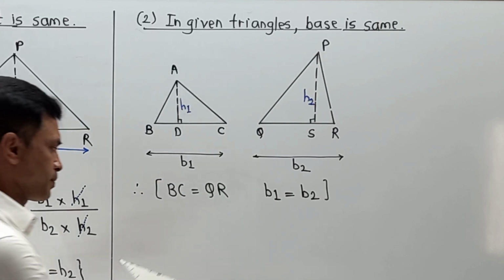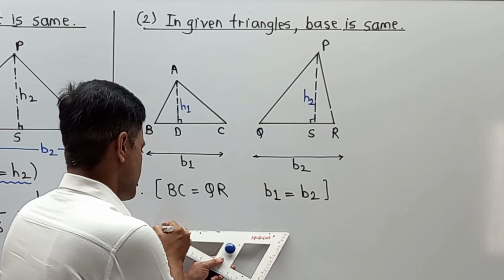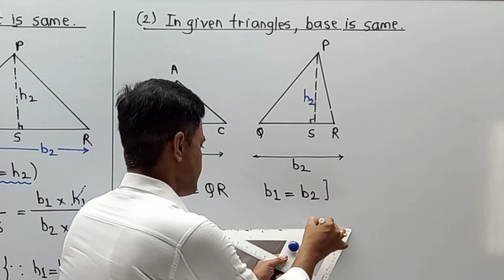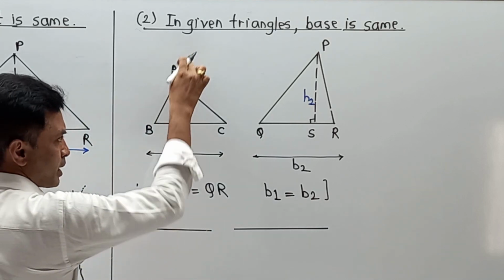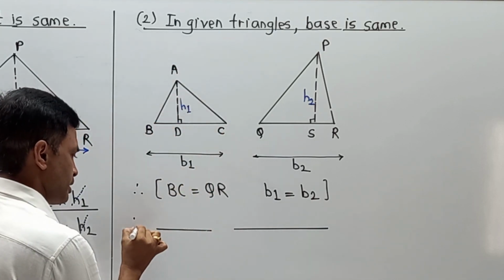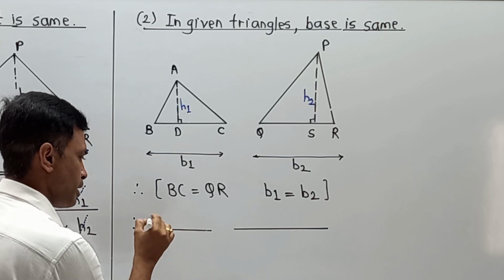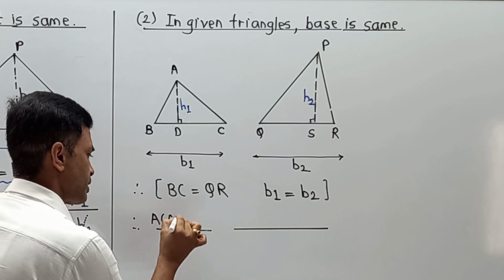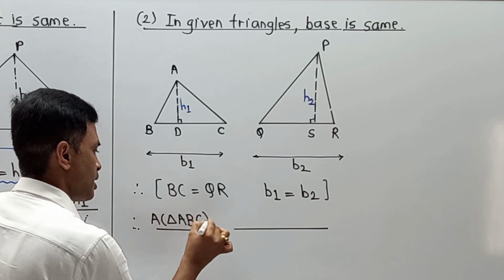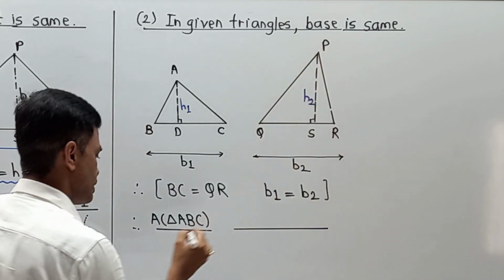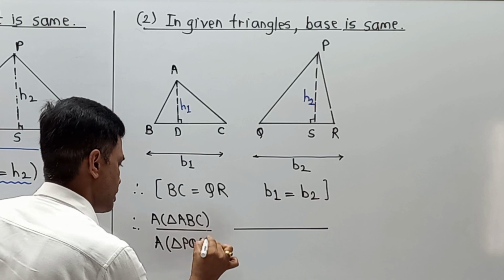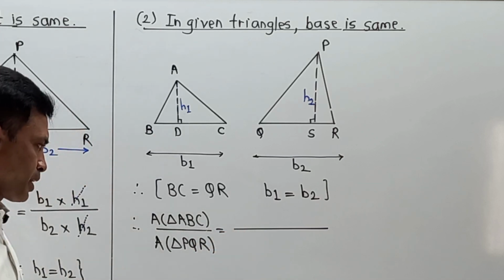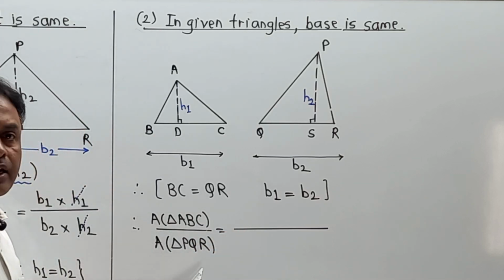So here once again we are going to simplify in terms of the condition. What is exactly the area of triangle ABC? The ratio of areas of the two triangles, means area of triangle ABC upon area of triangle PQR, is equal to area of first triangle divided by area of second triangle.